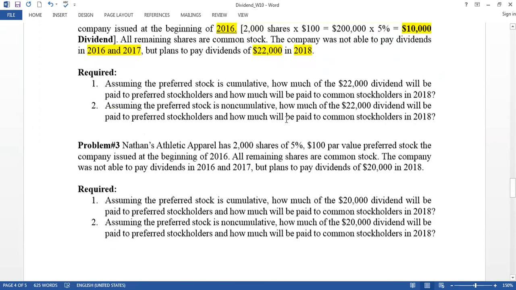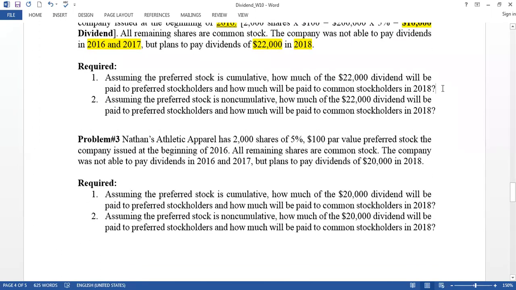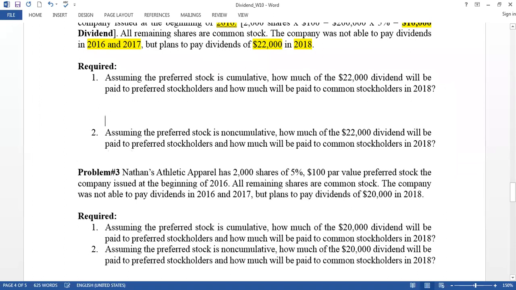Okay, same question. We have two assumptions. First, how to distribute this money to the preferred cumulative, and the remaining goes to the common shareholders. And the second, non-cumulative and common shareholder.